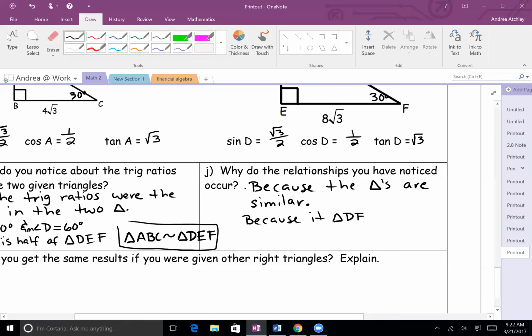Triangle DEF is a dilation of triangle ABC, or vice versa. However, we weren't told which one came first. We don't know. How about the angles? Well, we talked about the angles. Because the angles are the same. Because angle D and angle A are the same. They both equal 60 degrees.